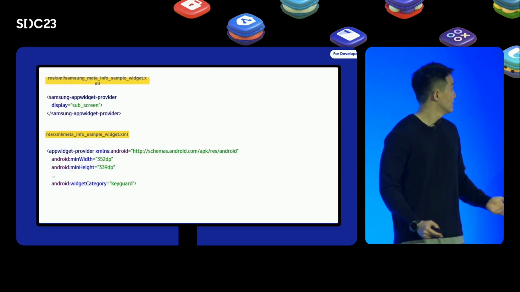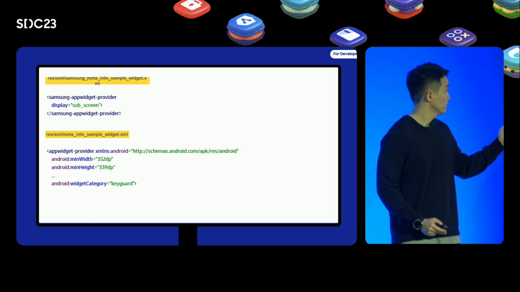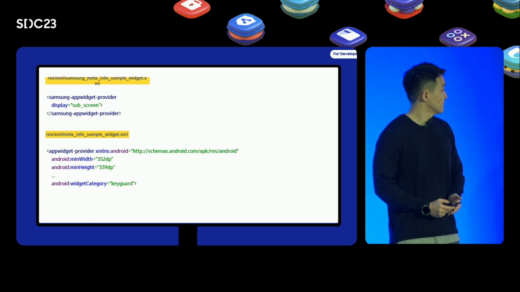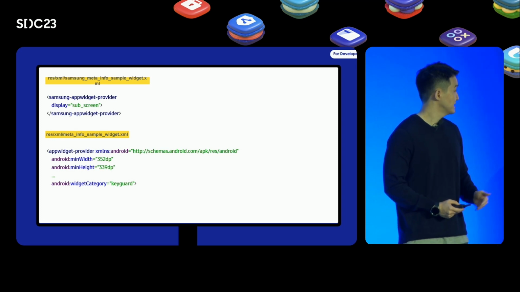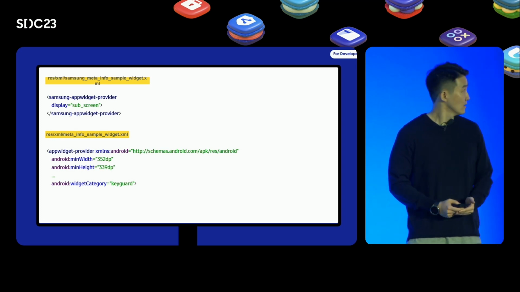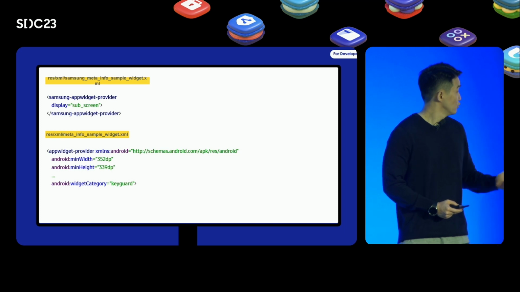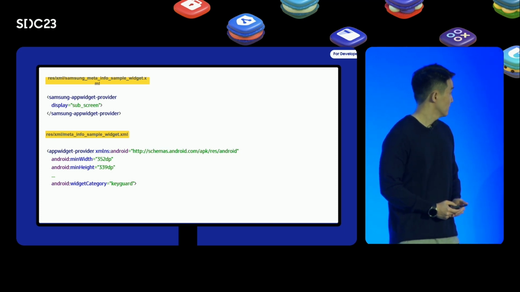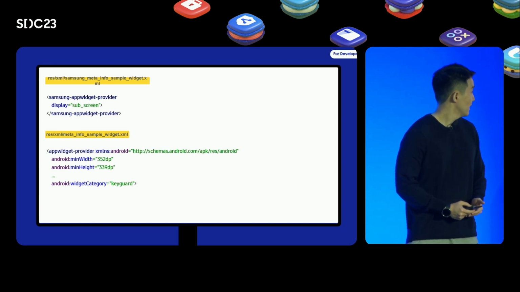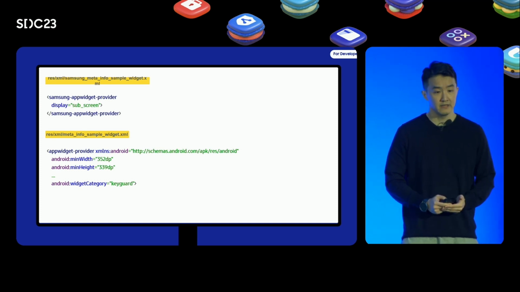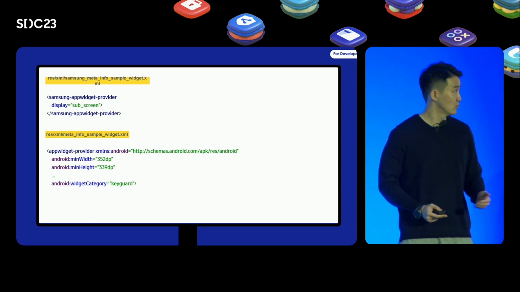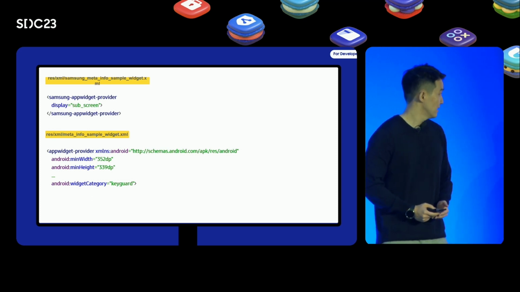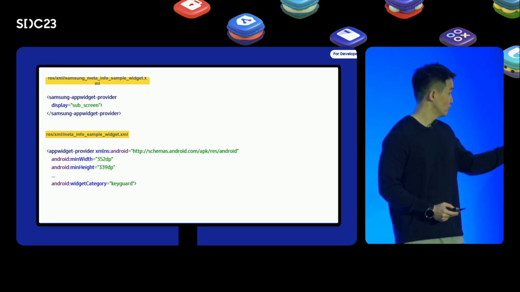Then, define the Samsung app widget provider declared in the manifest. It needs to be defined in the XML resource file, using a single Samsung app widget provider. And lastly, modify some attributes related with minimum size of widget in app widget provider info to fit the flex window size, and change the widget category to keyguard.